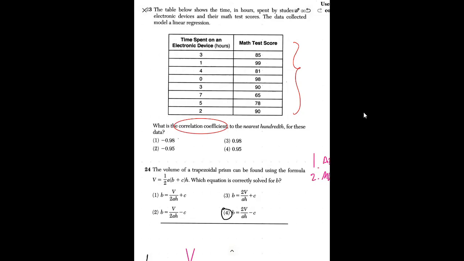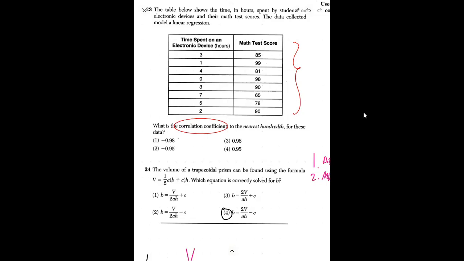And basically what you should know is that the more time you spend on your phone, more time you spend on your iPad, the more time you spend watching movies and Netflix on your computer, you're not going to have as much time to study for your math test. And consequently, your score will go down. So the more time you spend on your electronic devices, your score should go down. That is what they want you to understand.